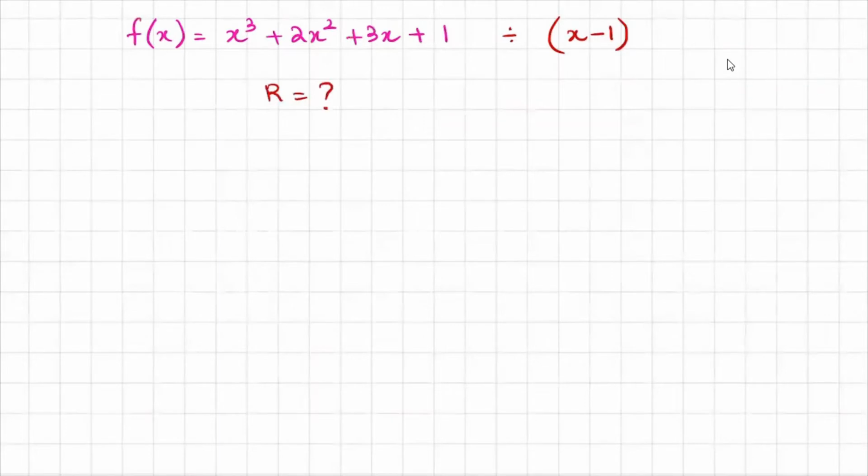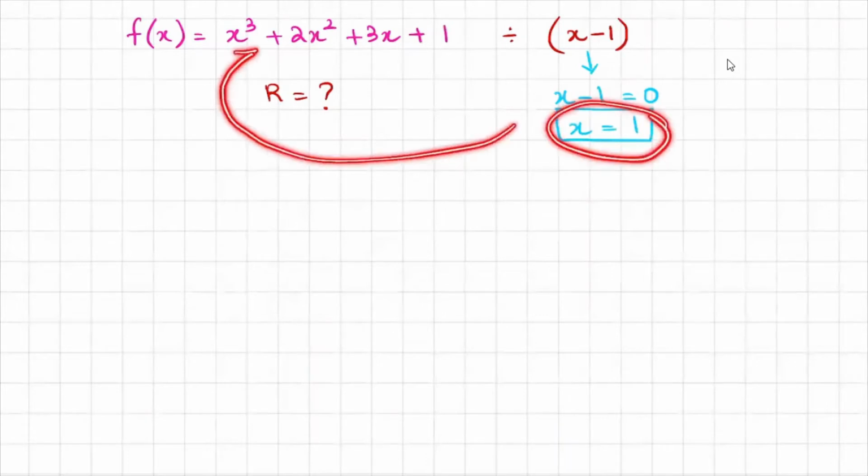First of all, we will take this expression, x minus 1 equals 0. I'm doing this because I need a value of x. So x equals 1.